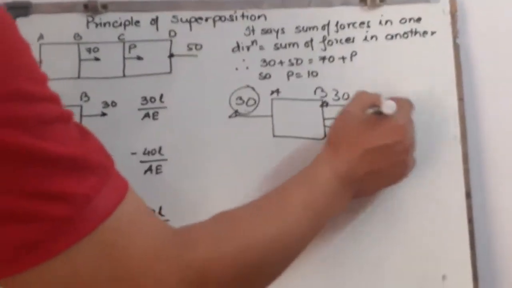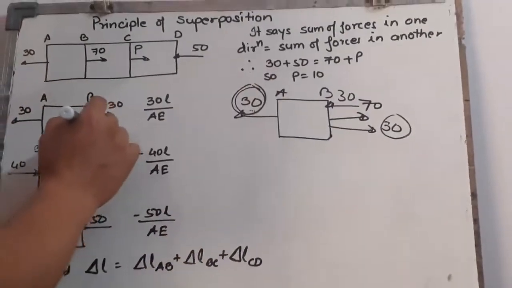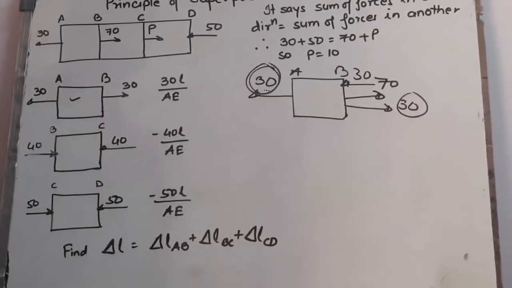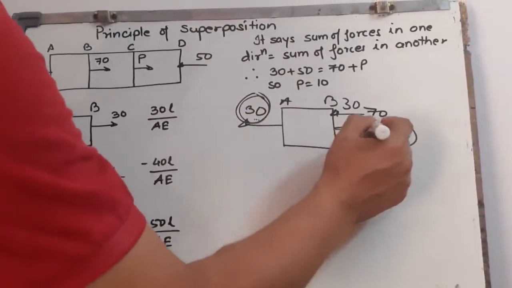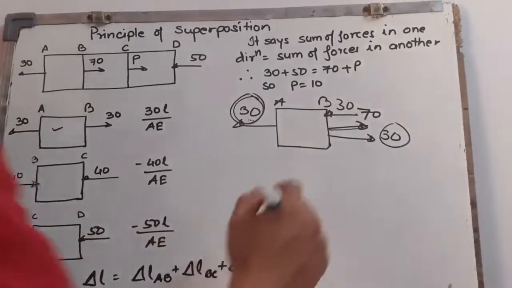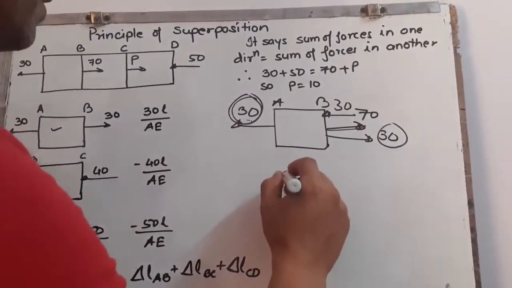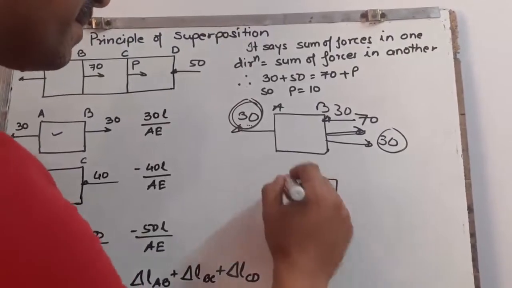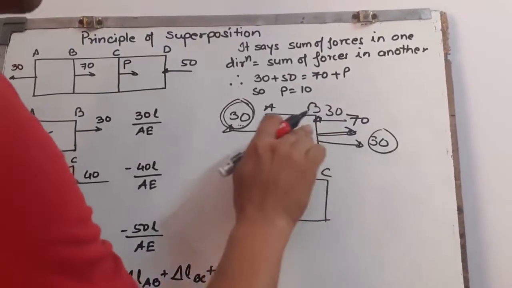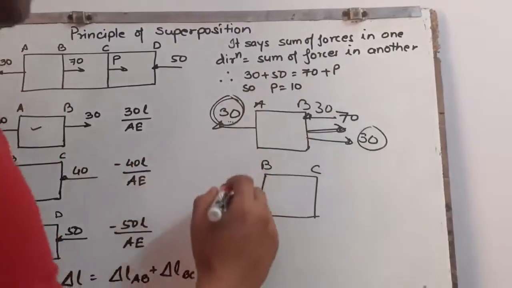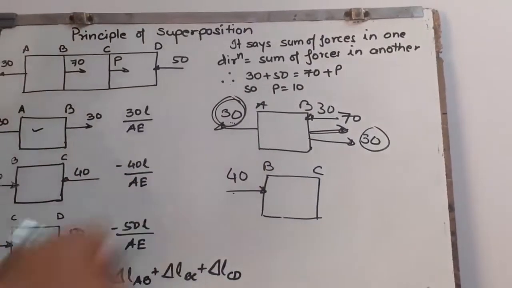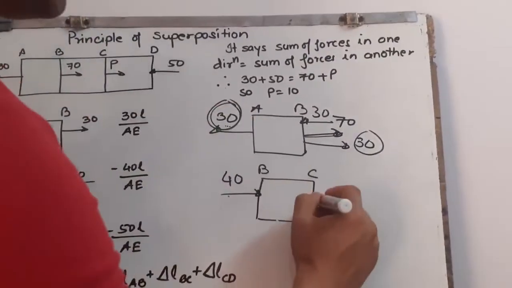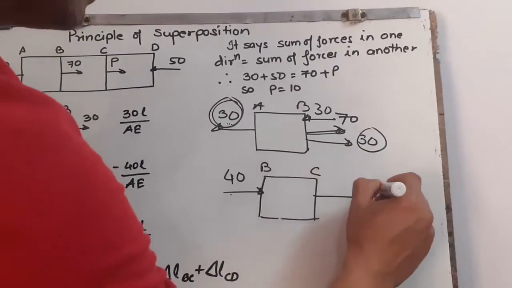So this force and this force form the representation here. This is resolved. What is left is 70 here and 30 here, and if you go to section BC, 70 here and 30 here is 40 in this direction, and P you have already found out as 10.